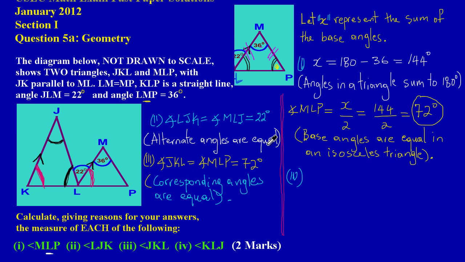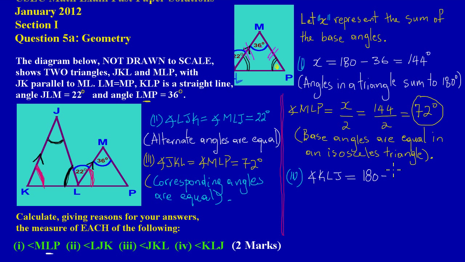All right, so let's quickly get into that. So my friends, the angle KLJ is equal to, since they had stated that KLP is a straight line, we can say angles on a straight line are supplementary, or they add up to 180.